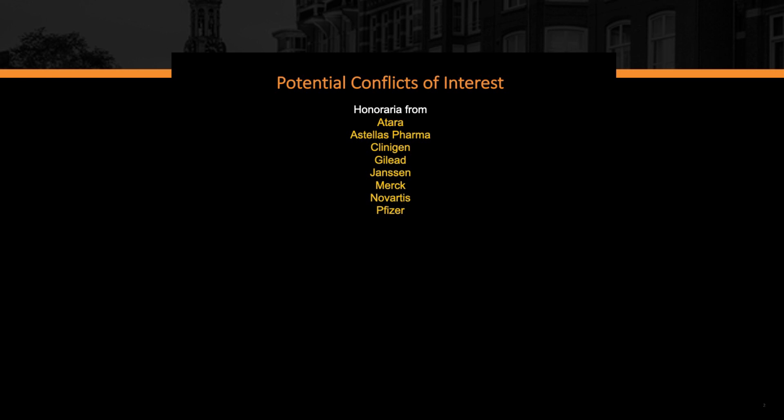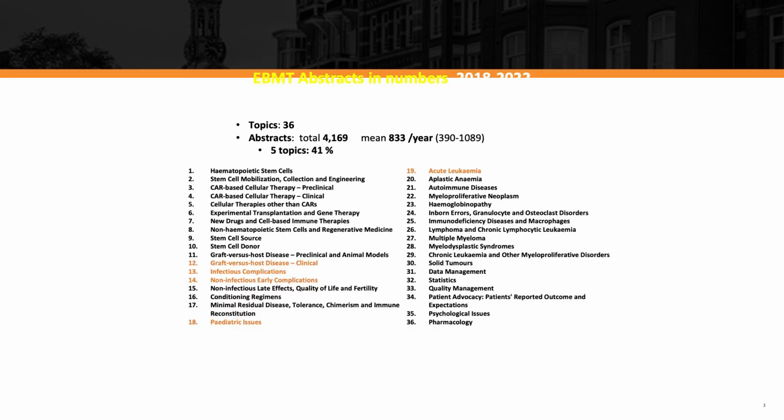This is the potential conflict of interest. My topic is the infectious complications, the best of the EBMT 2022. As you can see, this is the number of abstracts between 2018 and 2022. We have 36 topics, and for this year, we have more than 4,000 abstracts.